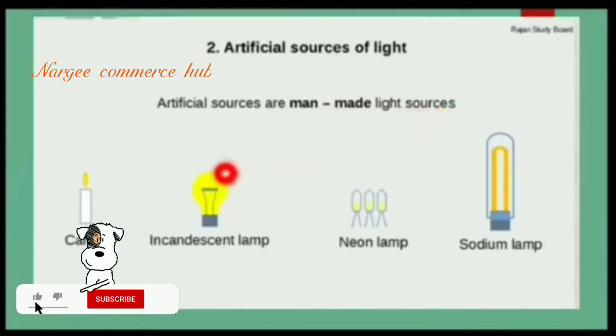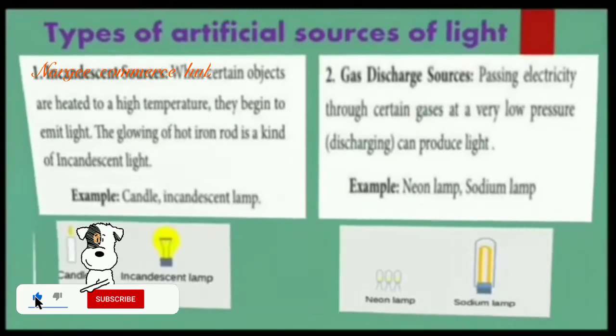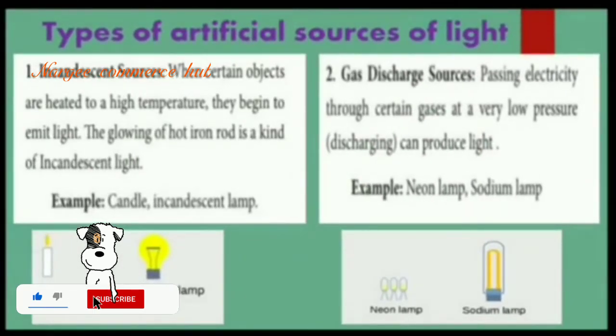For example, candle, incandescent lamp, neon lamp, sodium lamp, etc. These artificial sources of light are divided into two types. First one is incandescent sources. Second one is gas discharge sources.